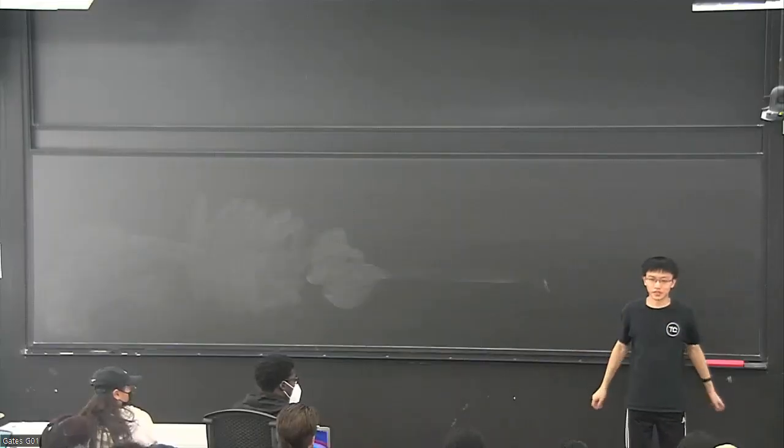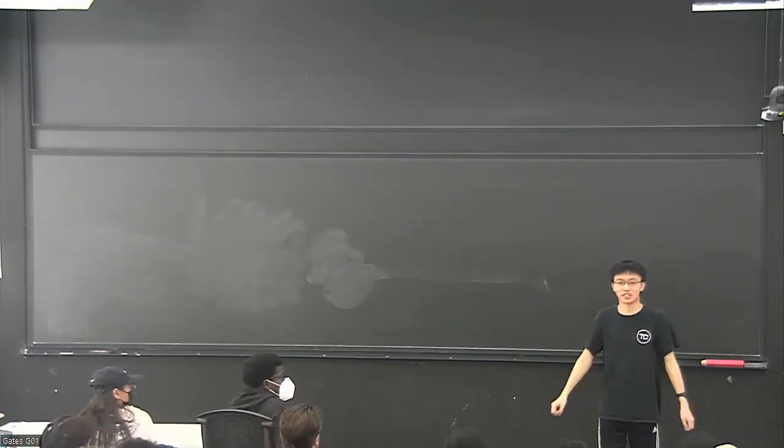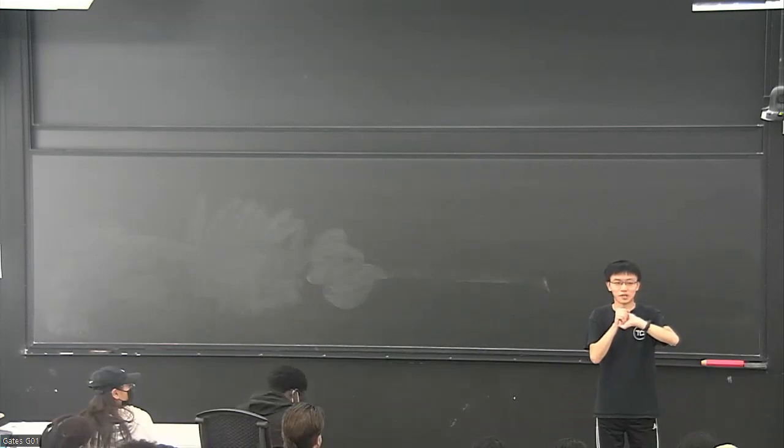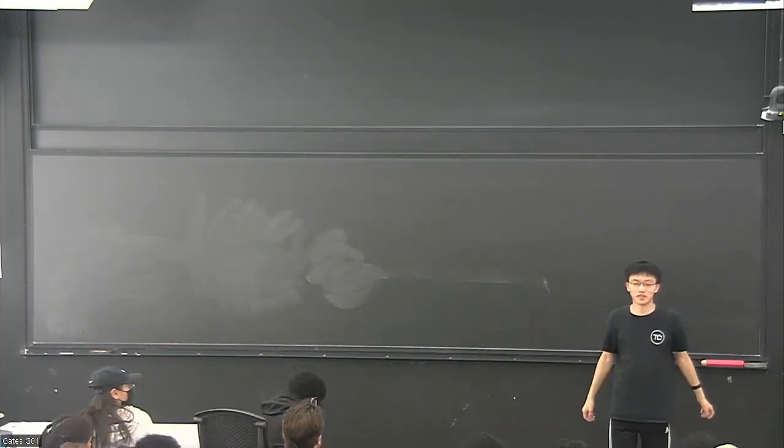I'm going to give you a plan for what we're going to do today. I'm going to start with something that's actually not going to be on the test: a brief overview of logic.